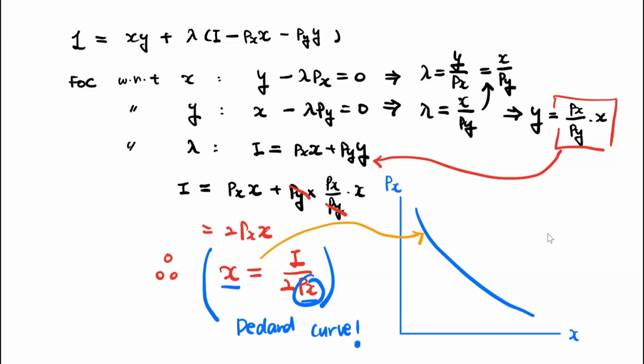And then you know that any combination of Px and x satisfying this is a utility maximizing point. And therefore, any point on this demand curve describes a utility maximizing combination of price of good X and quantity of good X.